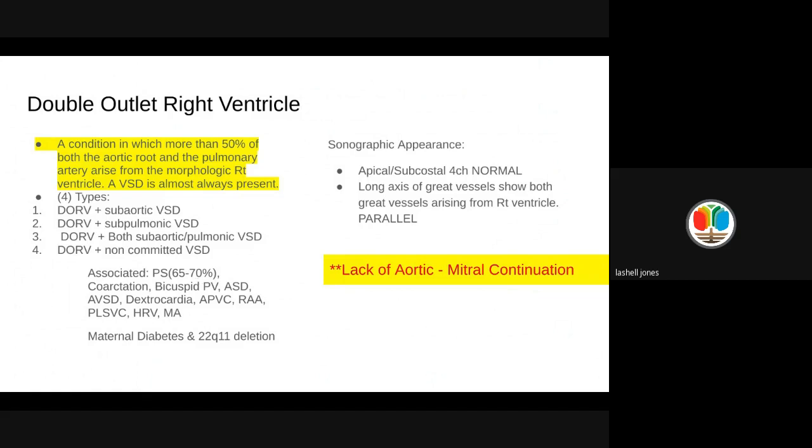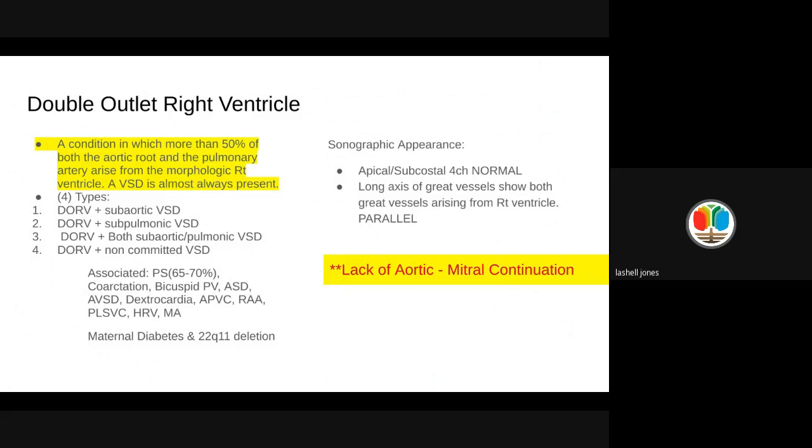That's pretty high. And then the other associations are coarctation, bicuspid pulmonary valve, ASD, AVSD, dextrocardia, APVC, right atrial isomerism, a right aortic arch, persistent left SVC, hypoplastic right ventricle, mitral atresia. So those are other associated heart defects.